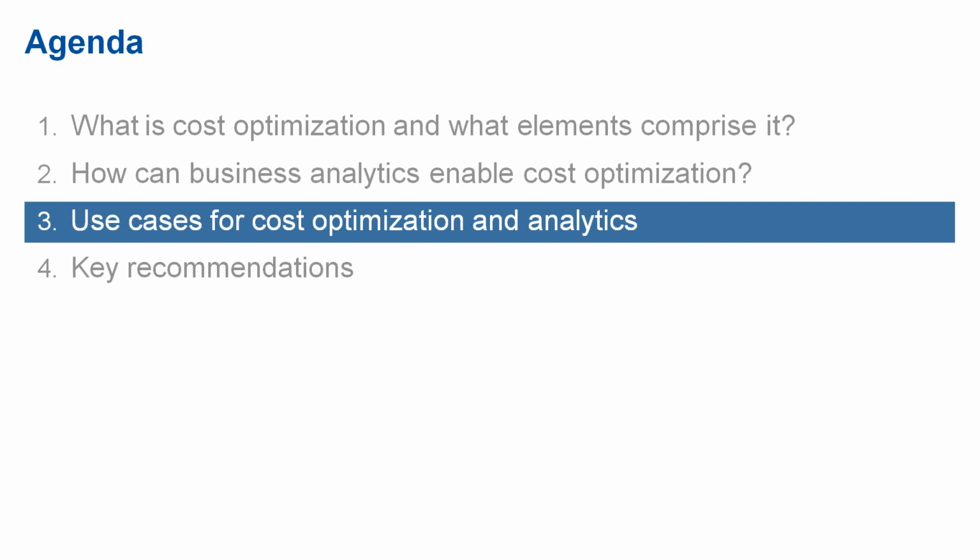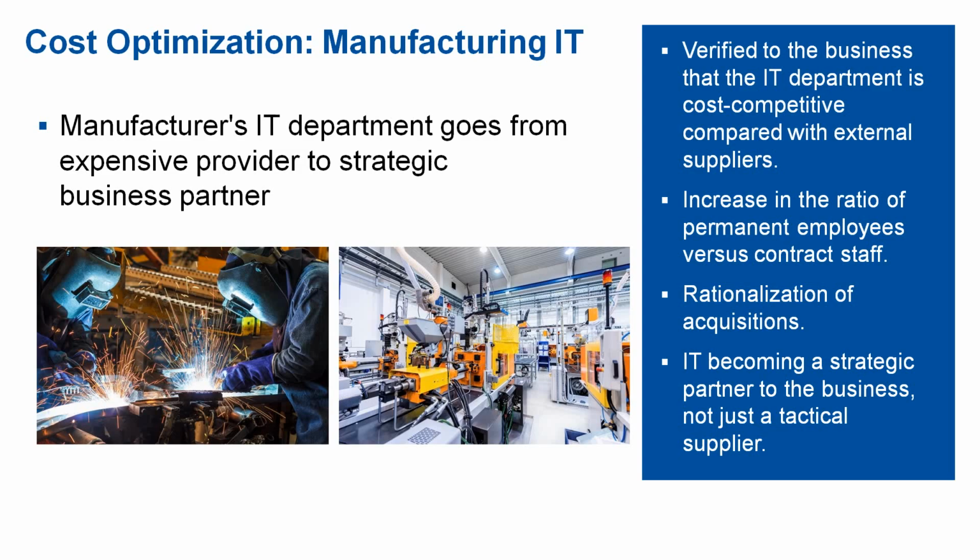And now let's see some of the use cases for cost optimization and analytics, which are the real use cases where the business analytics is spent and the value is increased. So this is the manufacturer's IT department. Initially the manufacturing team was really thinking of this IT as a cost center, where it is going to be completely expense, and it is not going to help me a lot.